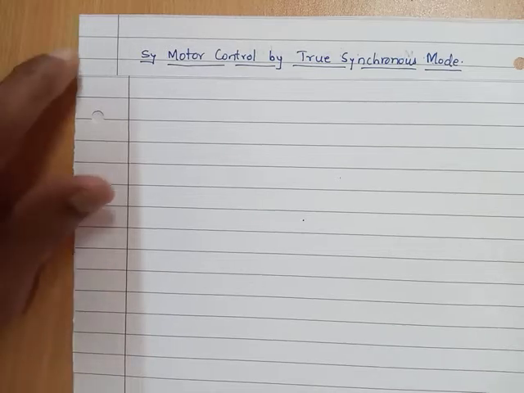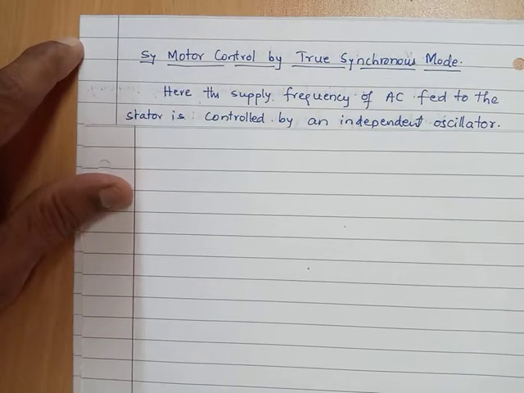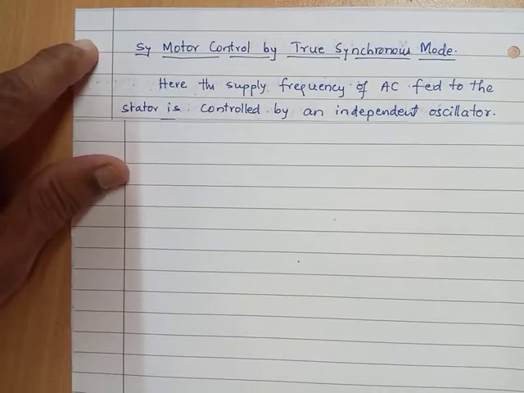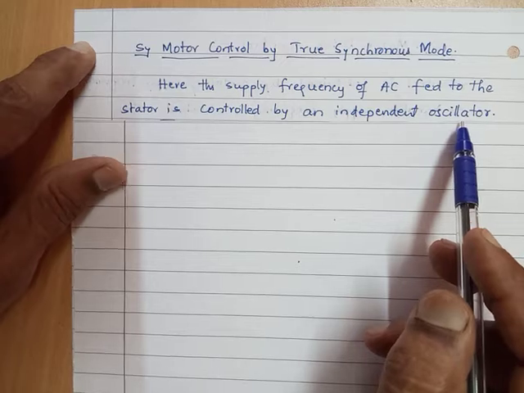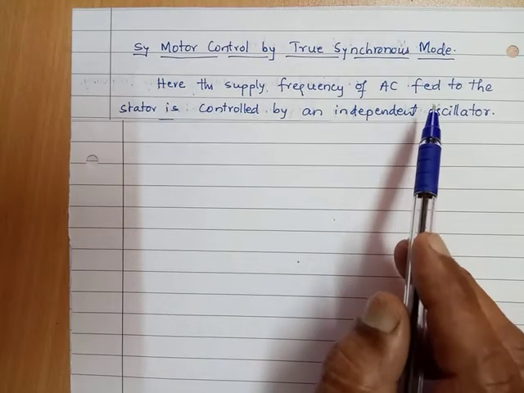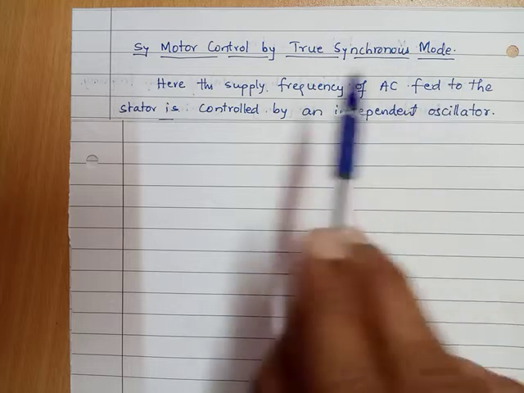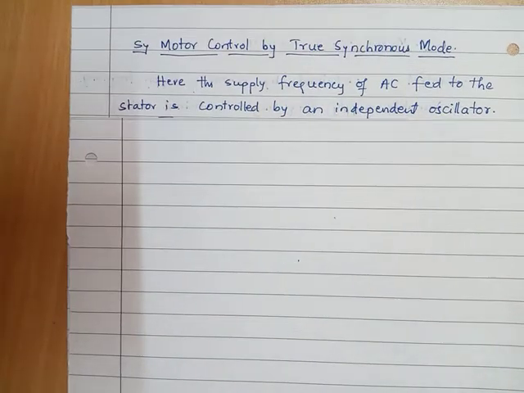What is this true synchronous mode? Here, the supply frequency of AC fed to the stator is controlled by an independent oscillator. We get variable frequency, no doubt, and to generate that frequency, we use an independent oscillator.